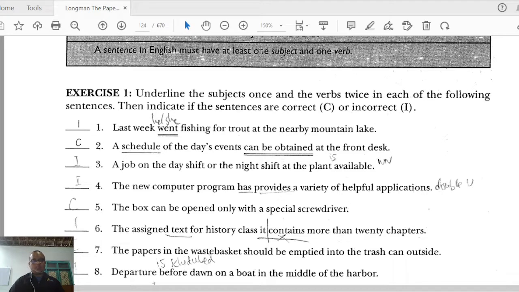So correct. Okay, number 2. Then we have a job on the day shift or the night shift at the plant available. Salah ya. Nggak ada is-nya ya. Harusnya is available ya. Okay, so incorrect.